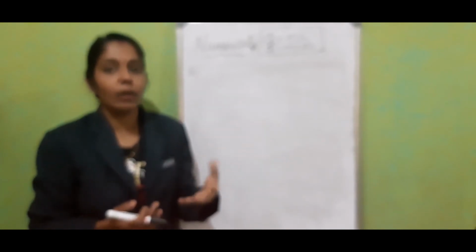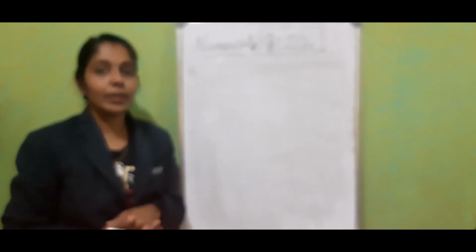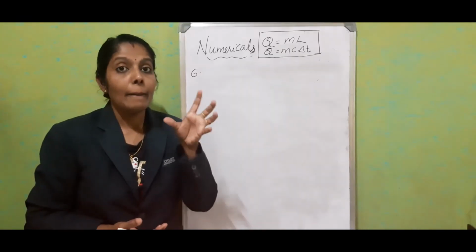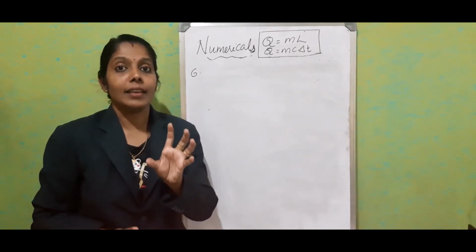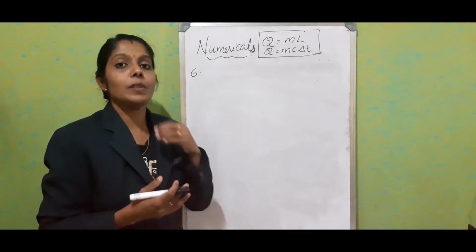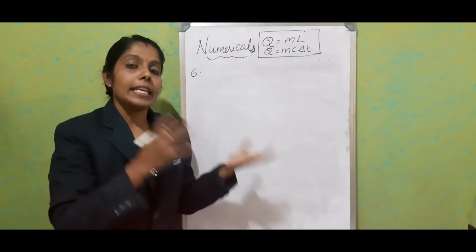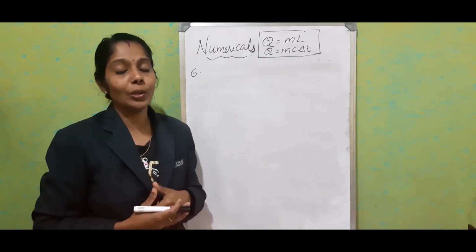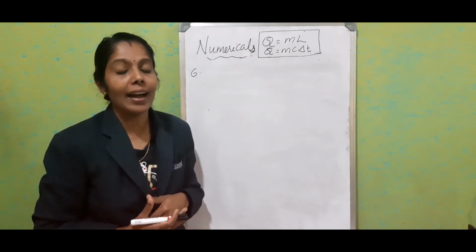We have to find the quantity of ice to be added. So here we have to consider the water plus the container. Here also we are using the principle of calorimetry: heat energy lost is equal to heat energy gained by the ice.